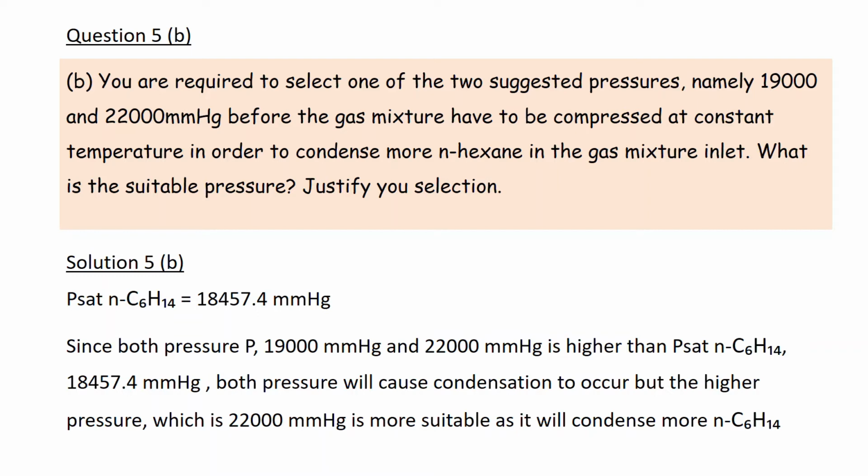Since both pressures, 19,000 and 22,000 millimeter mercury, are higher than the saturation pressure, condensation can occur at both pressures, but the higher pressure, 22,000 millimeter mercury, is more suitable because it will condense more N-hexane.